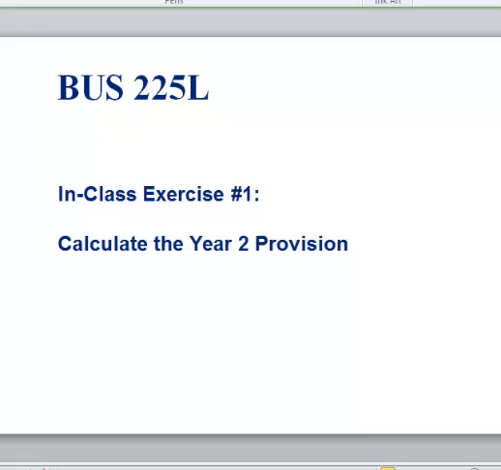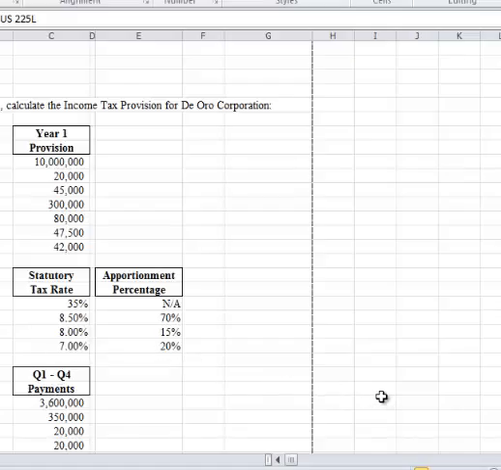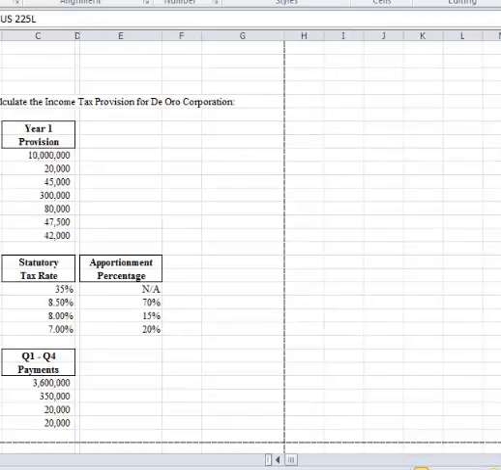Okay. In-class exercise number 1. Calculate the year 2 provision. Man, this is going to be awesome. Okay. So, now, I'm not sure how to show this on my screen.